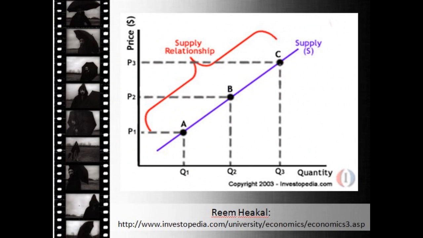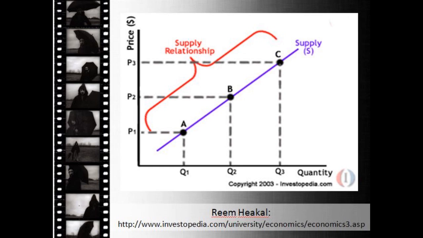For example, in this curve, the left side bar is the price bar, and the bar below is the quantity bar. A, B, and C are points on the supply curve.